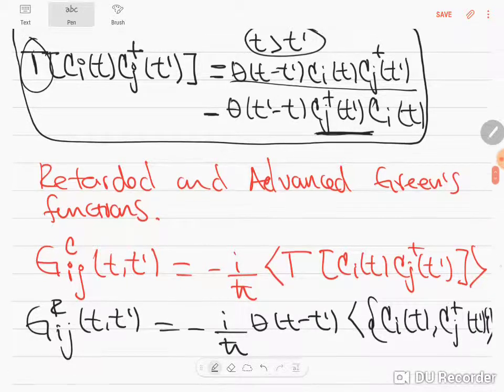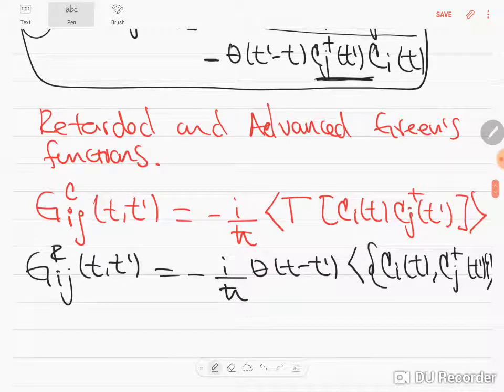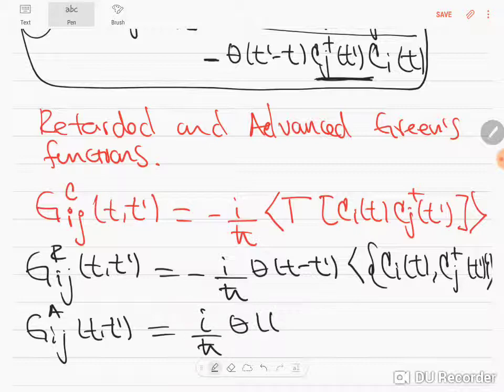Okay, that's the retarded Green's function, and the advanced Green's function is similar, with some sign changes. So this is I over h bar theta of t prime minus t, and the same expectation value of the anti-commutator of ci of t and cj dagger of t prime.